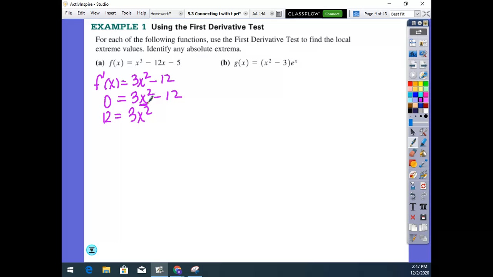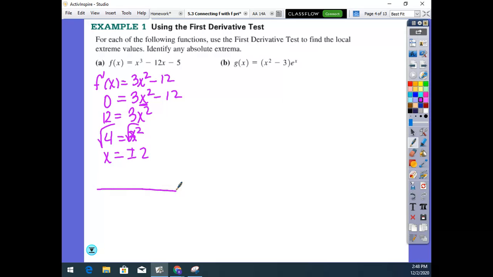You have choices on this one. Sometimes if it's just plain x squared, just get it by itself. Divide by 3, square root, and make sure you always include the plus or minus when you square root. There is no interval, so we don't need to pay attention to that part.